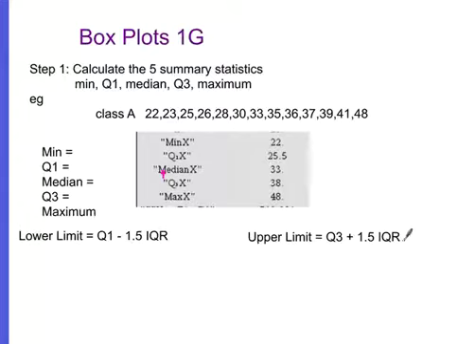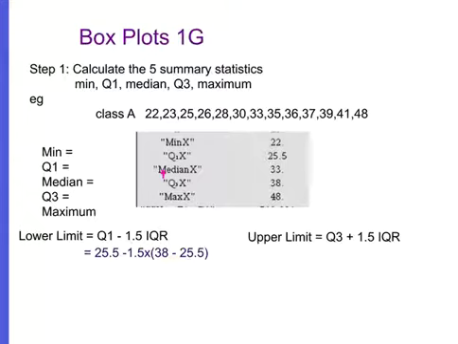From our example up above, Q1 is 25.5, and what we're going to do is subtract 1.5 times the interquartile range. I've written down the interquartile range here for you as being 38 minus 25.5.